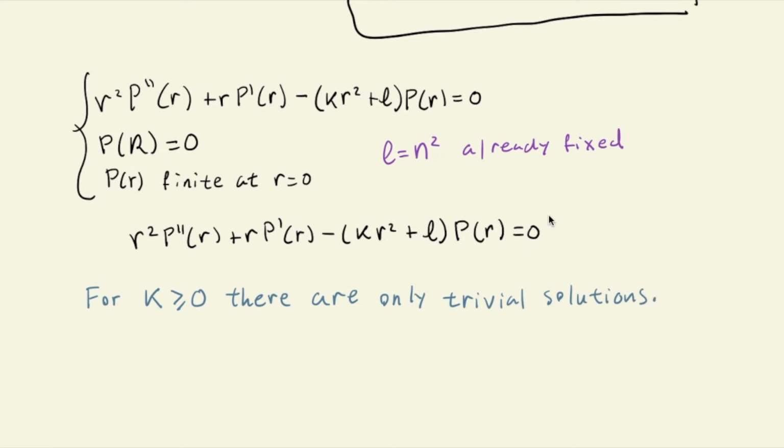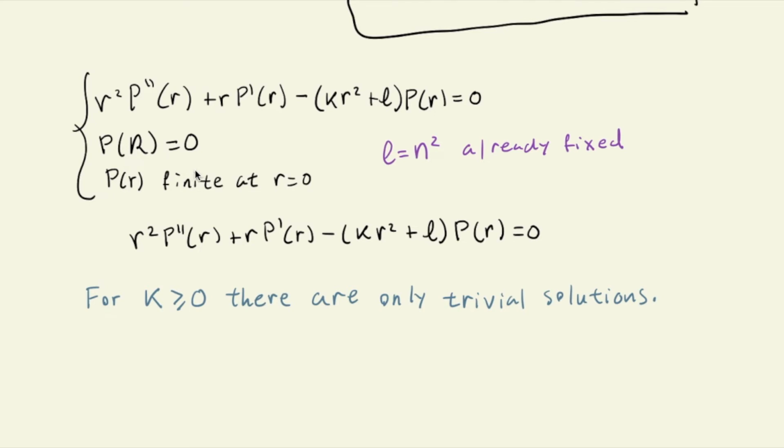I'm not going to really explain why this is true, but it is. At least when k is positive, you can change variables and you end up with what is called a modified Bessel equation. But the solutions of that equation never vanish, so they don't have zeros, and the condition p of R equals 0 can't be satisfied.